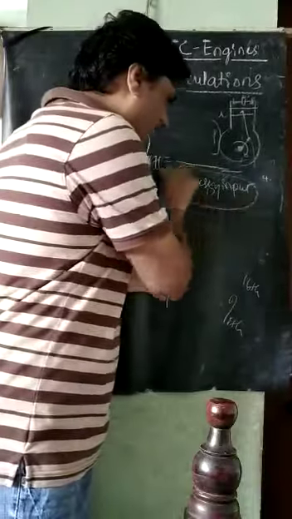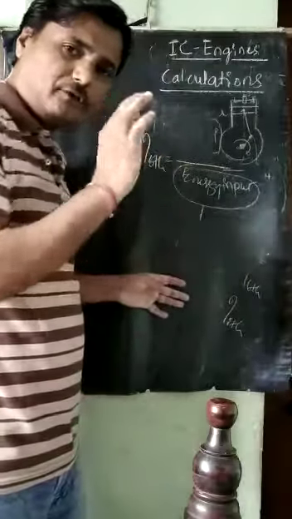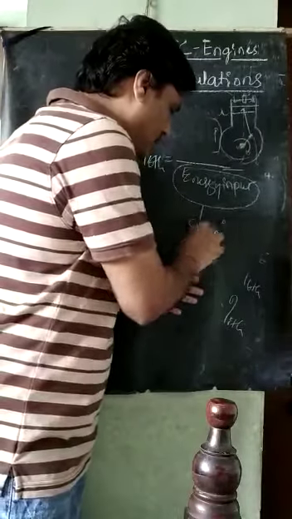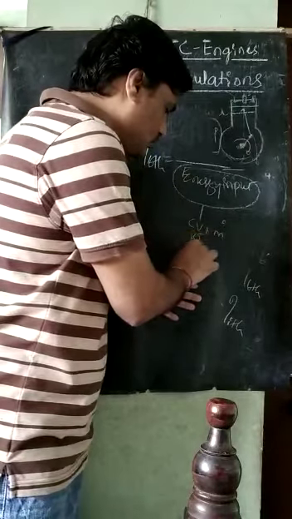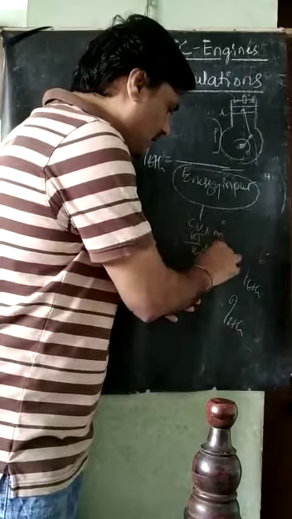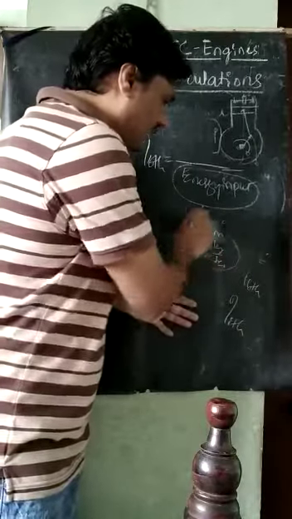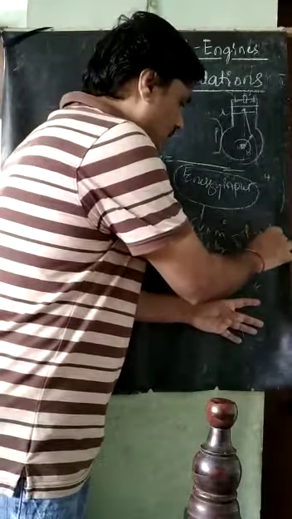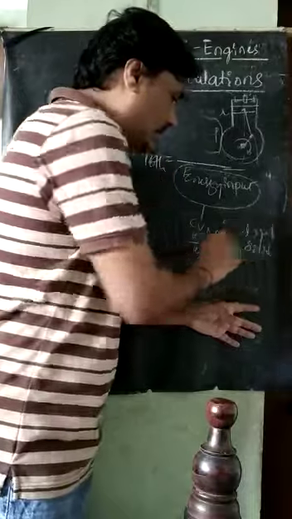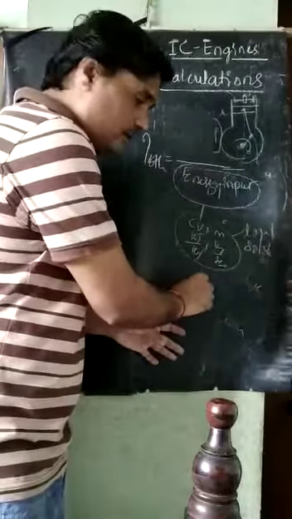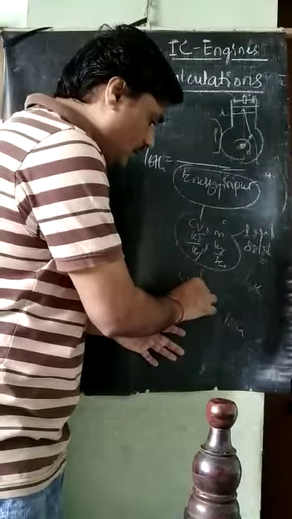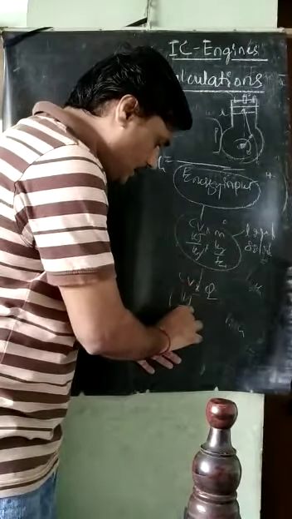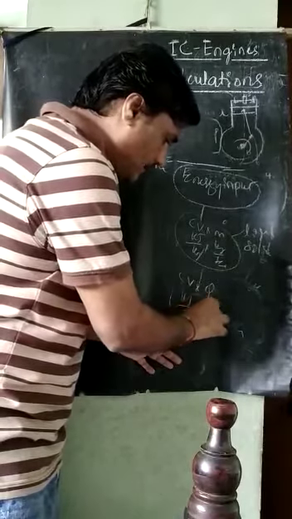This energy input is in terms of mass flow rate. Calorific value, CV, in kilojoule per kg, multiplied by mass flow rate in kg per second. This is for liquid fuels and solid fuels. For gaseous fuels, CV in kilojoule per meter cube is multiplied by the volume flow rate in meter cube per second.